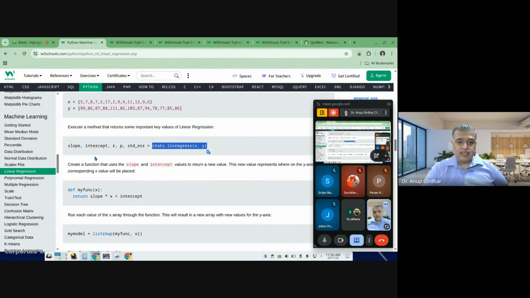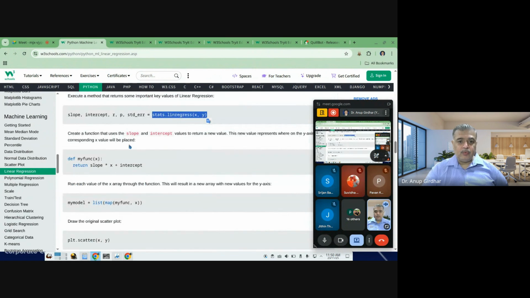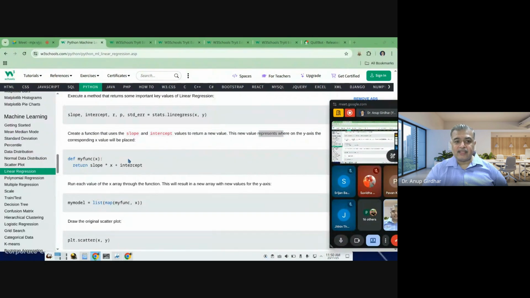It generates these 5 different variables: slope, intercept, r, p, and standard error. Then we create a function that uses the slope and intercept values to return the new value, and that is generated for the y-axis model, that is, the y-axis values corresponding to x. That is what my function is designed for.